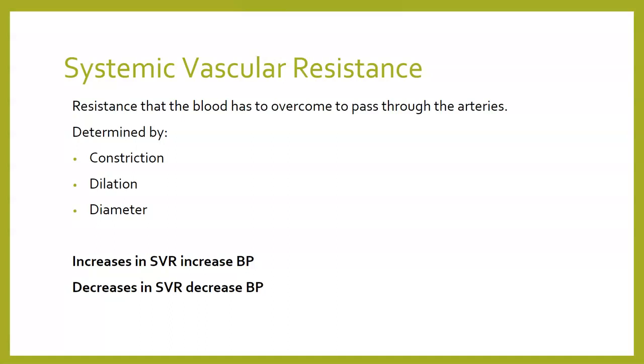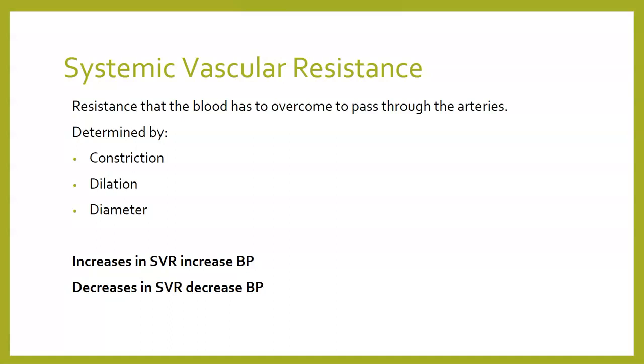And if someone is hot, their vessels will usually dilate because they're trying to get rid of that heat. So if your veins are more constricted, then you're going to have a higher blood pressure, more pressure on that wall. And with dilation you're going to have less, because there's going to be more space in that vessel.